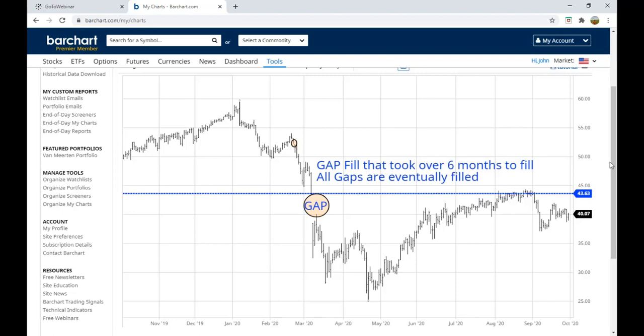In the futures markets, for instance, crude oil trades for 23 hours a day, and many of our futures markets trade for longer periods of time. So we don't see a lot of gaps. We don't see a lot of outside gaps in futures markets, because of this greater time that price can react to news stories. So when we do see a gap in futures markets, they are a much more important story.